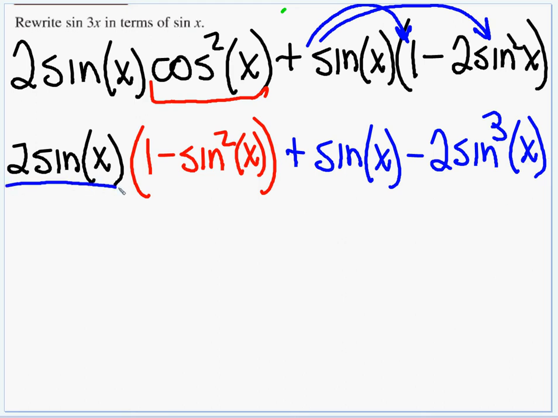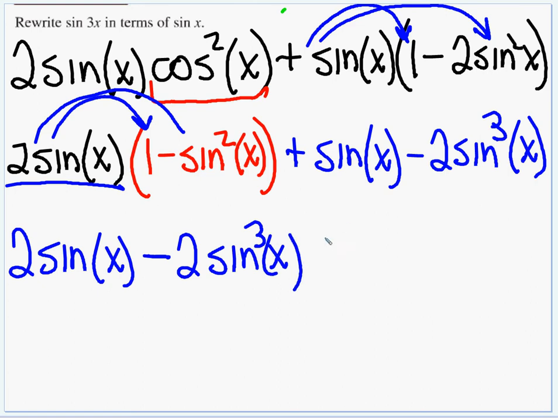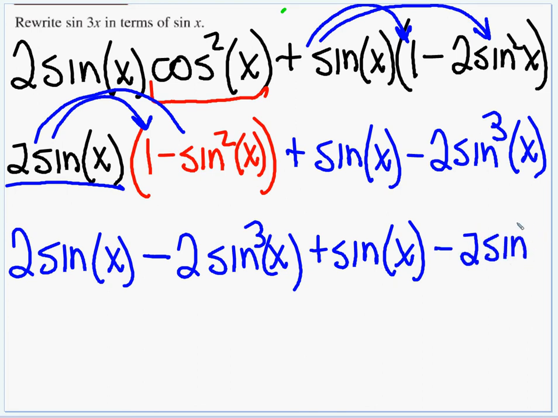We're going to distribute 2 sine x to the 1. So that's going to be a 2 sine x. Minus, distributed here, minus 2 sine cubed x. And then I'll just copy the blue stuff. It's good to go. Plus a sine x minus a 2 sine cubed x.